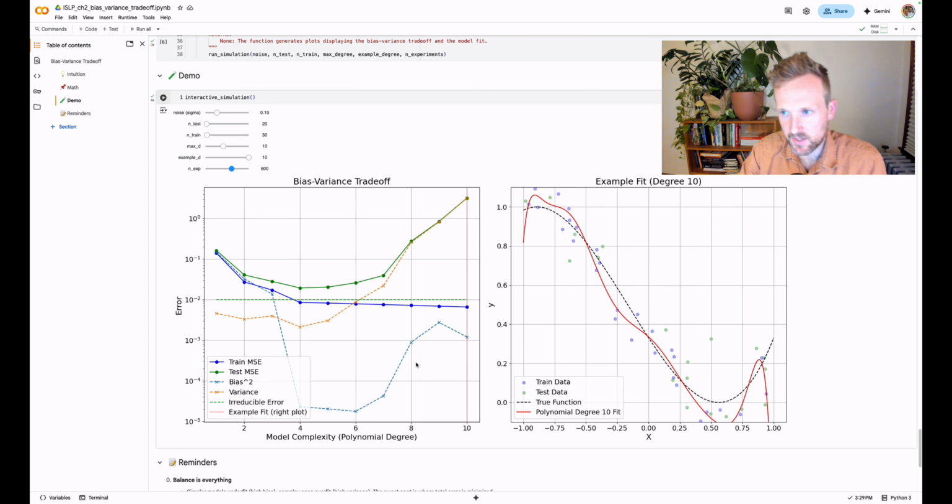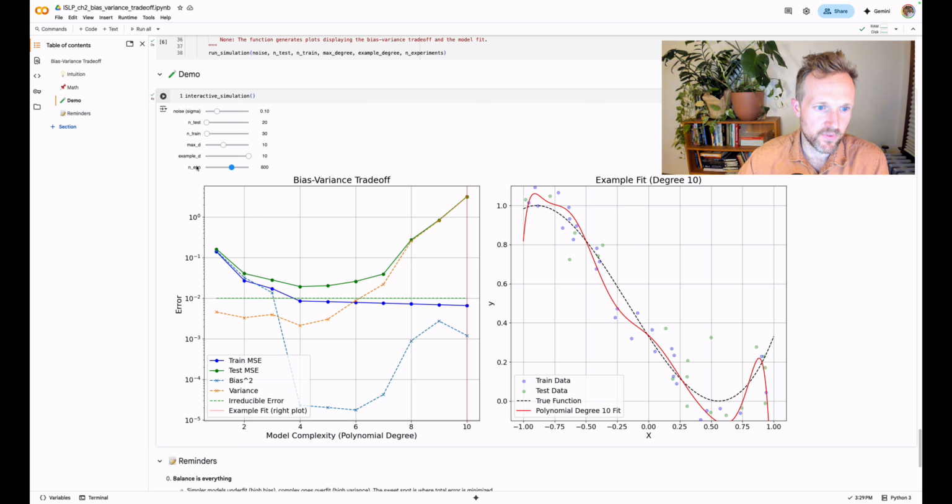The reason is that to truly see the bias for these high orders, we need to simulate the experiments many, many times. By experiments, I mean I have some ground truth, that is this black line. And then I'm resampling, so taking a new set of data and basically averaging over those to get the bias and the variance.